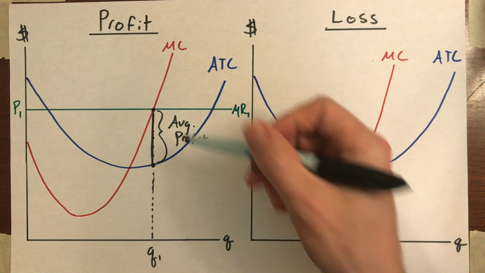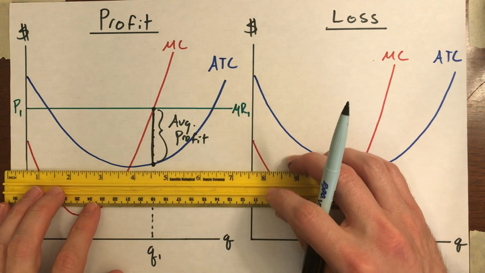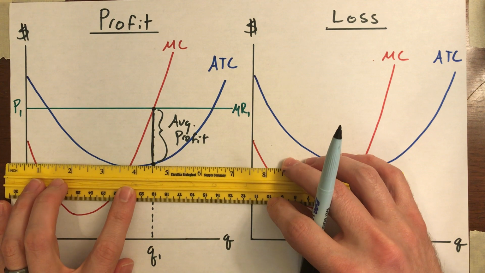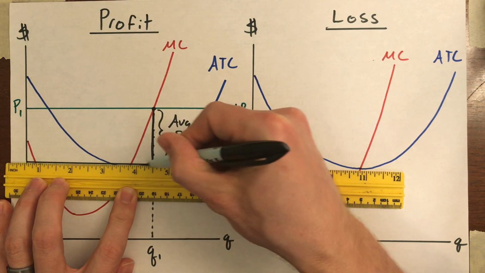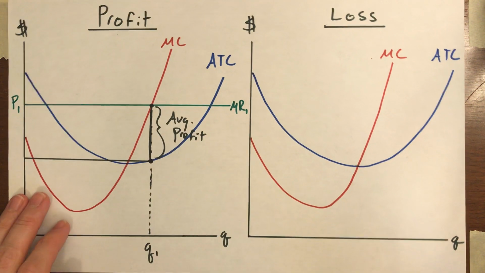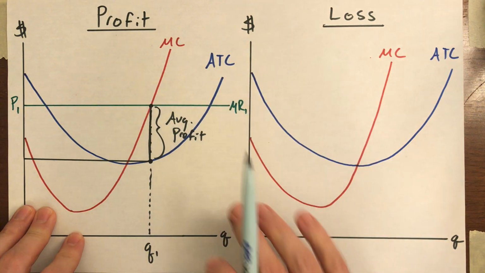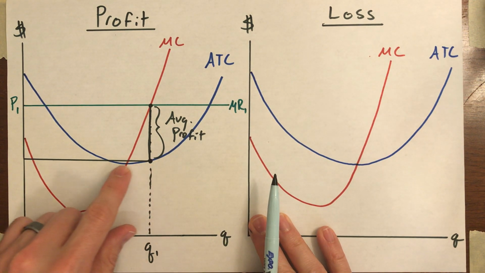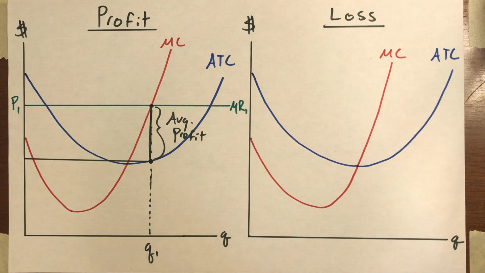If I take that average profit per unit and multiply it by that quantity of units, that is going to give me this rectangle that's bounded above by the marginal revenue curve. It's bounded below by the average total cost per unit, this line that I just drew back to the y-axis.